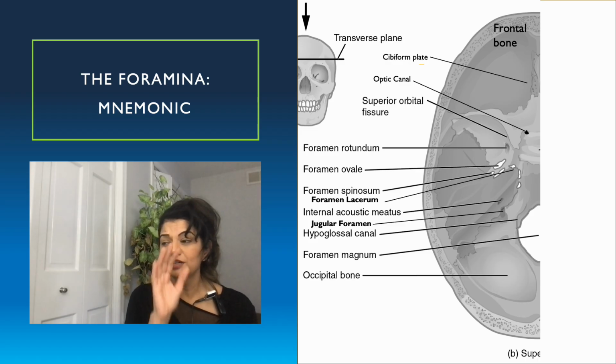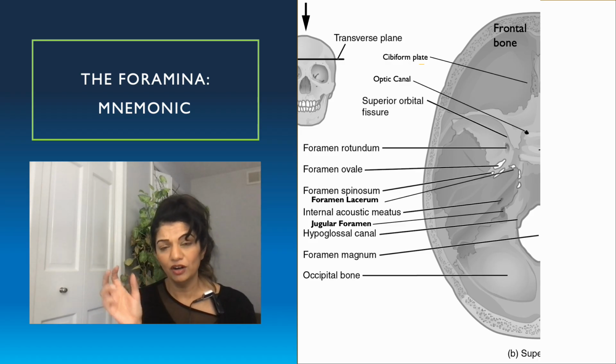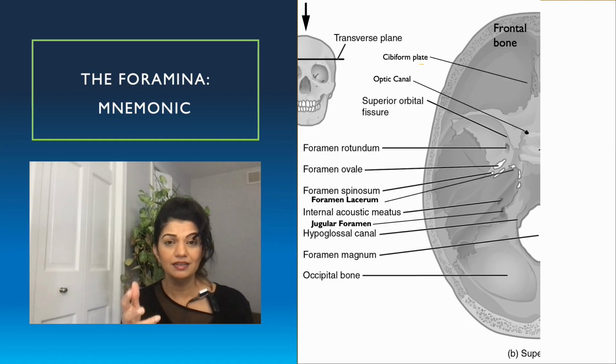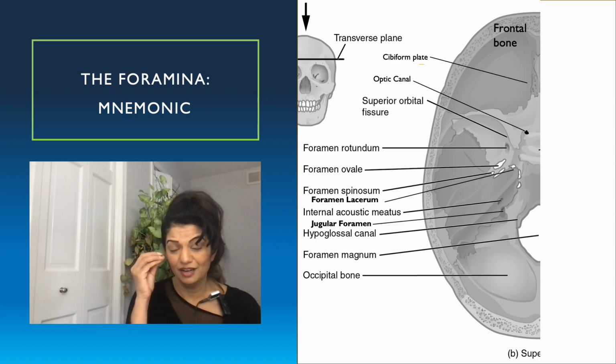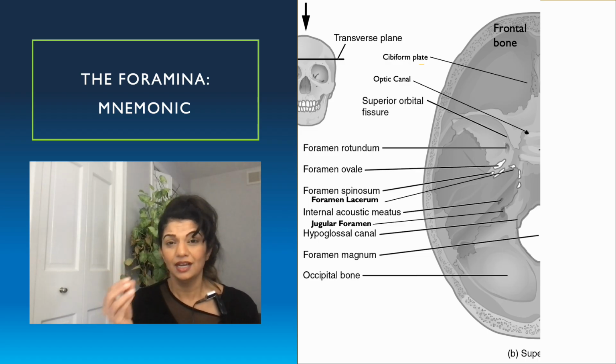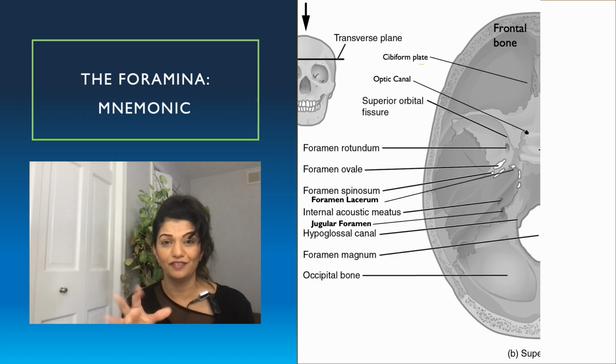Now the mnemonic is actually for arteries, veins, and nerves that are in the foramina and passageways in the skull. So not every structure in this mnemonic is actually a foramen in the sheer sense of it, but it really helps us identify the foramina, and it also helps us identify the location of specific cranial nerves that go through the skull. So let's take a peek.